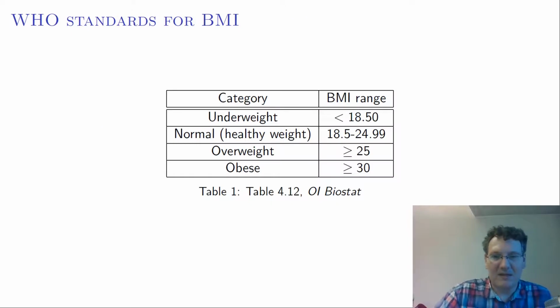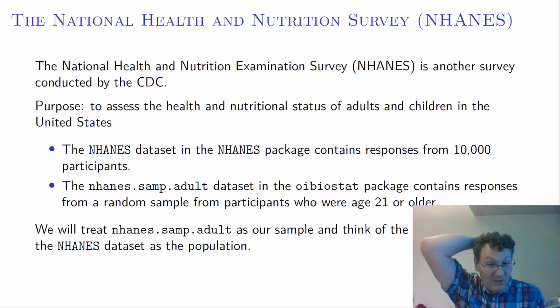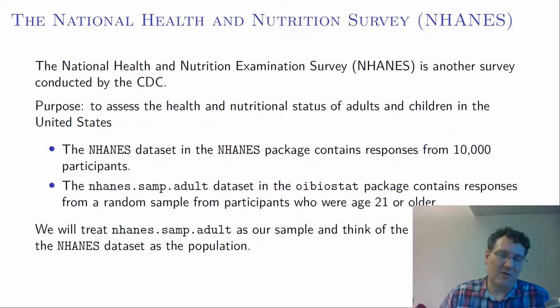The classification for overweight would be a body mass index greater than or equal to 25. So if we're saying on average Americans are overweight, that's like saying the average body mass index of Americans is greater than or equal to 25.